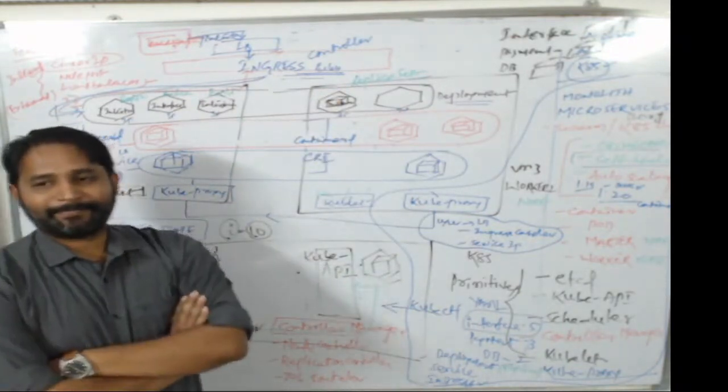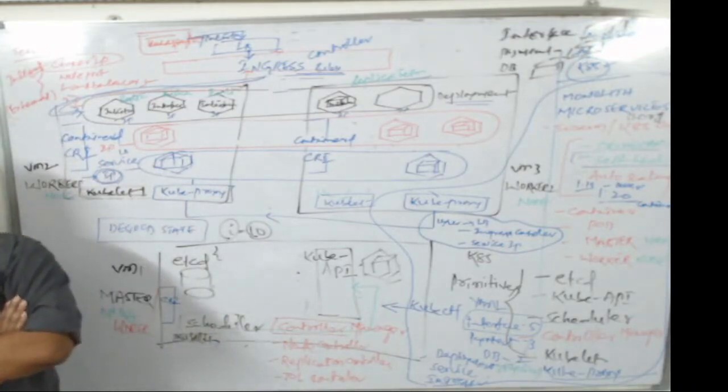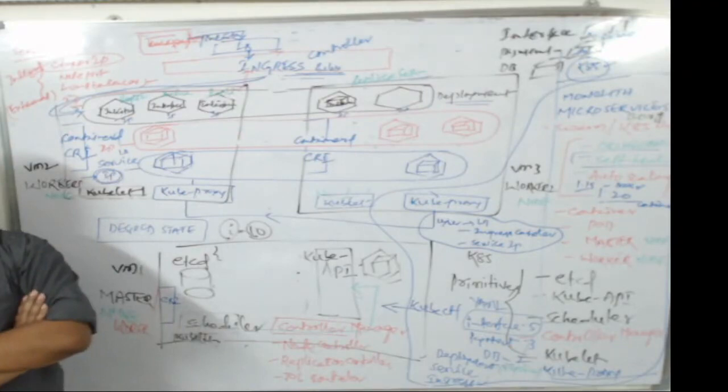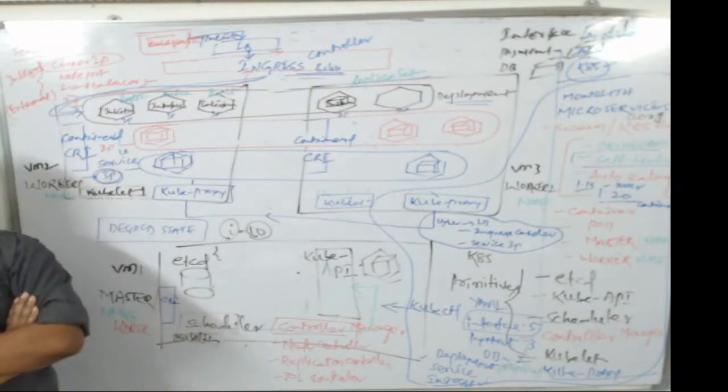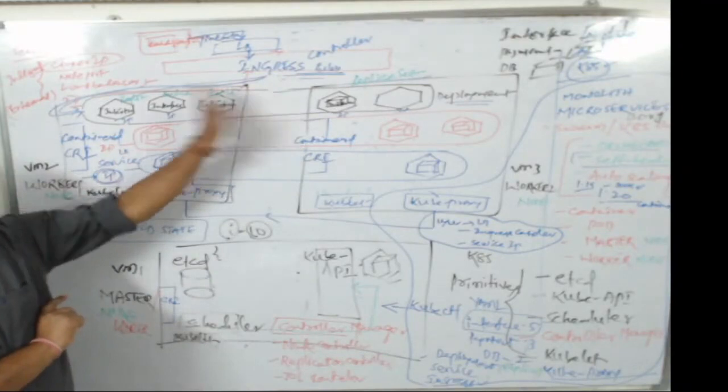Service. So, three types of services. Cluster IP. What is the service? It exposes a deployment to the outside world.